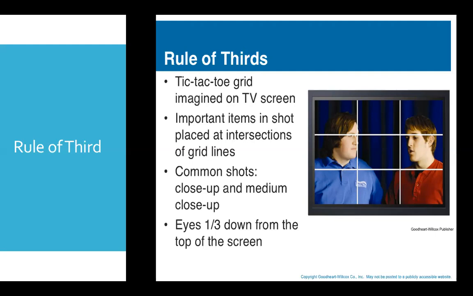So you can see on the screen, it's described here. Let me describe what it is, and then we can go over the content which is mentioned on screen. So the rule of third is when you divide the image that you are seeing mentally in vertical and horizontal lines, as you can see here.